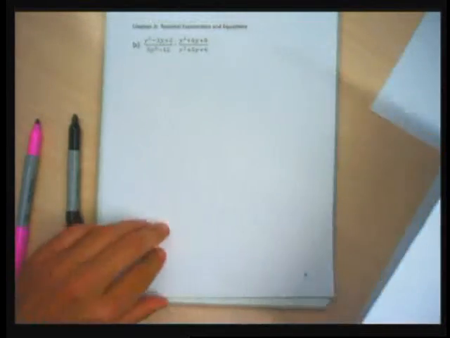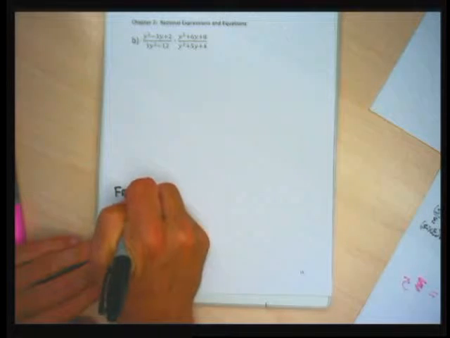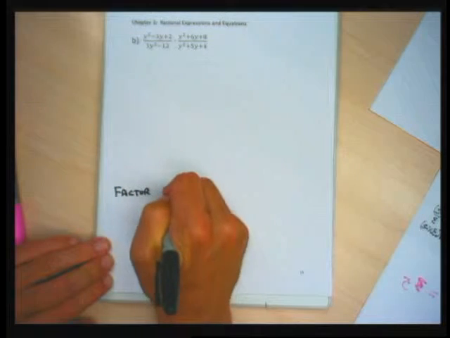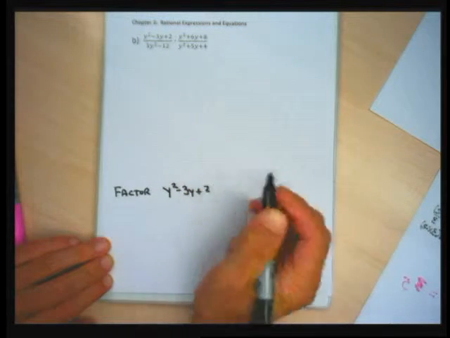Part B is another factoring and canceling, and it has one tricky factoring. So I'm going to go off on the bottom here and factor each. So I'm going to need to factor all 4 pieces. The first piece I'm going to factor is y squared minus 3y plus 2.